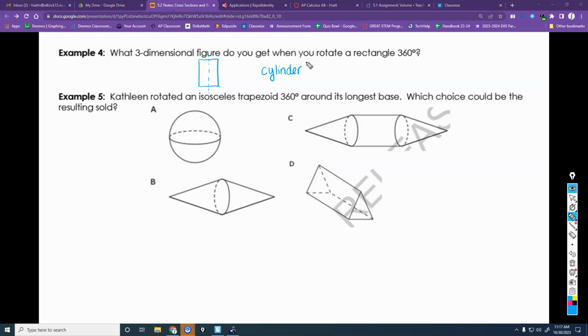All right, so if I have an isosceles trapezoid, first of all, we need to know what in the world an isosceles trapezoid even looks like. Two sides the same.